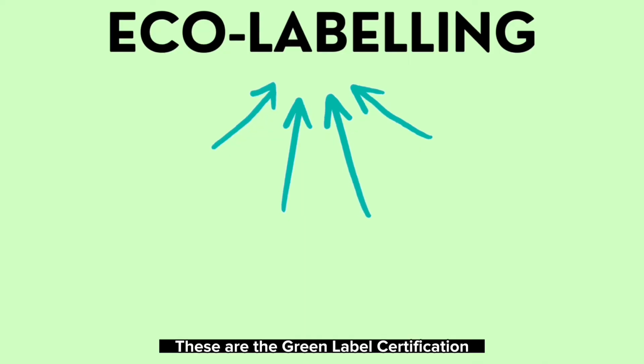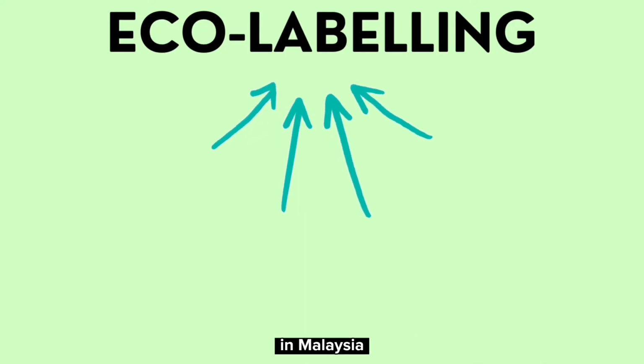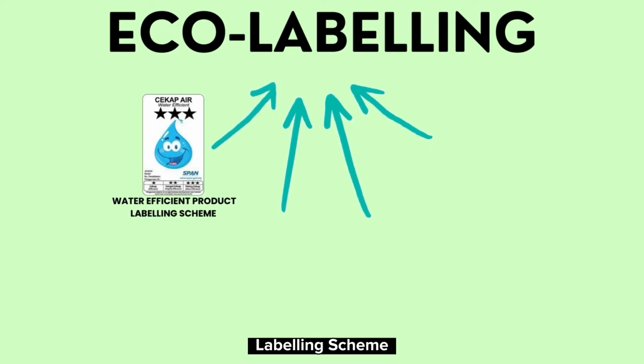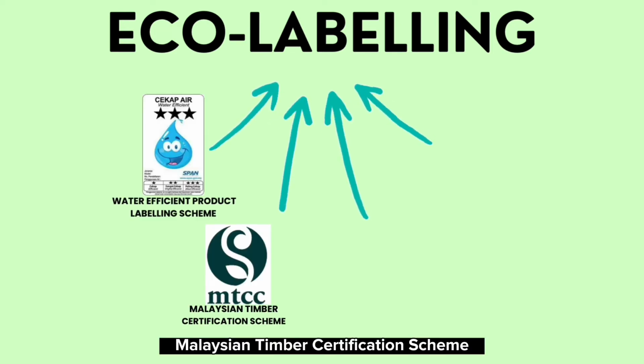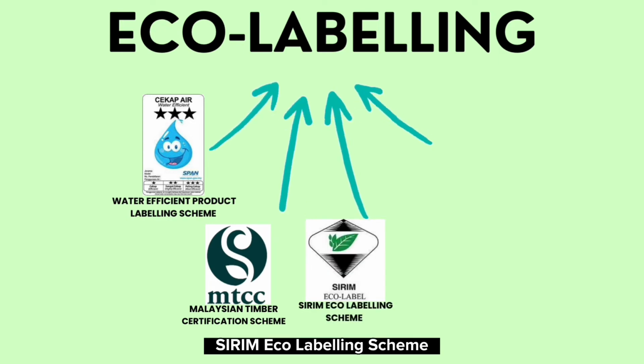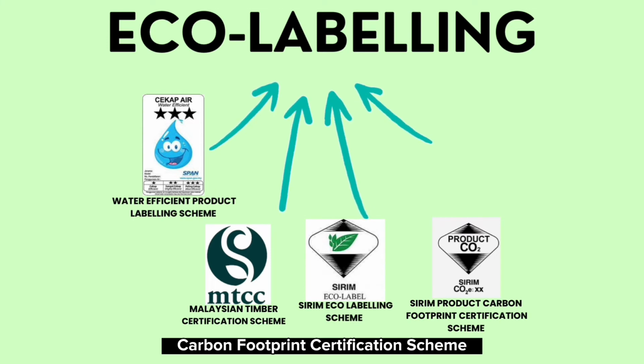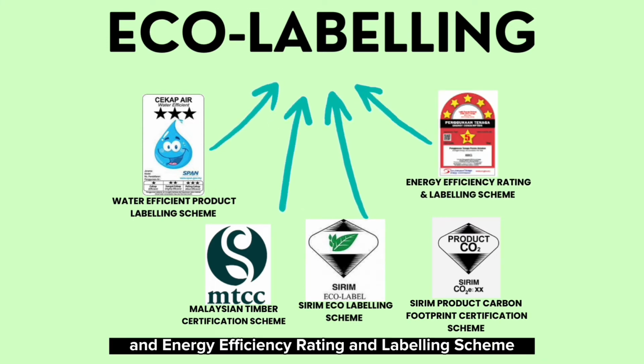These are the Green Label certification in Malaysia products, which include Water Efficient Product Labeling Scheme, Malaysian Timber Certification Scheme, SIRIM Eco Labeling Scheme, SIRIM Product Carbon Footprint Certification Scheme, and Energy Efficiency Rating and Labeling Scheme.